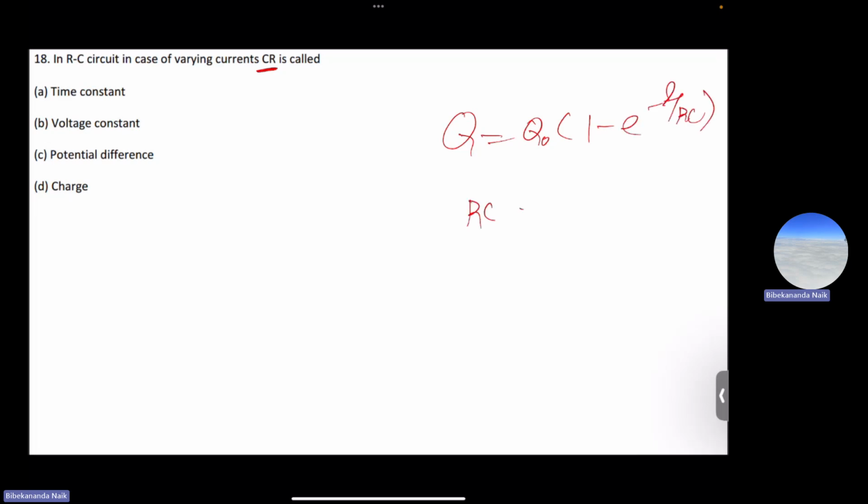So here RC is called the time constant. RC is defined as the amount of time required so that, in case of charging, the capacitor charges to 1 by e times of the initial charge during the discharging process.